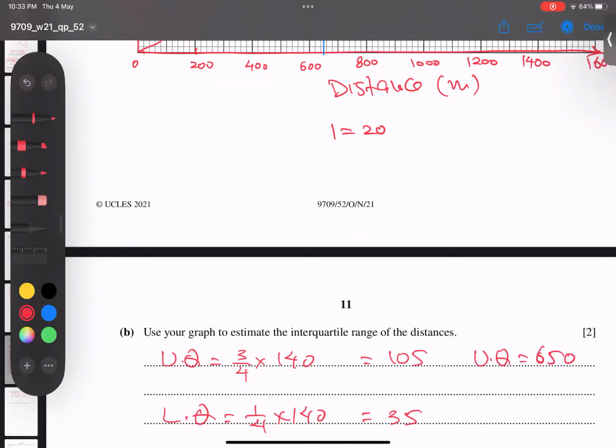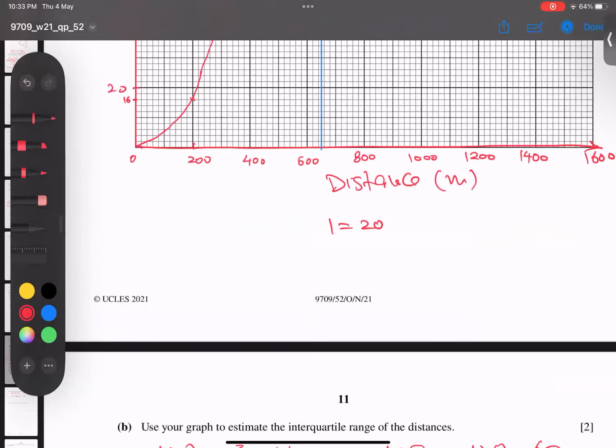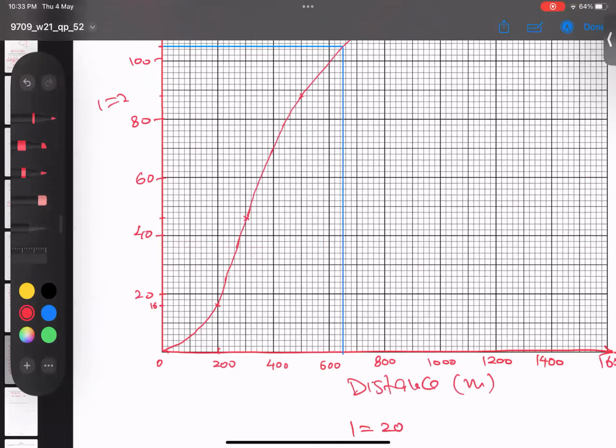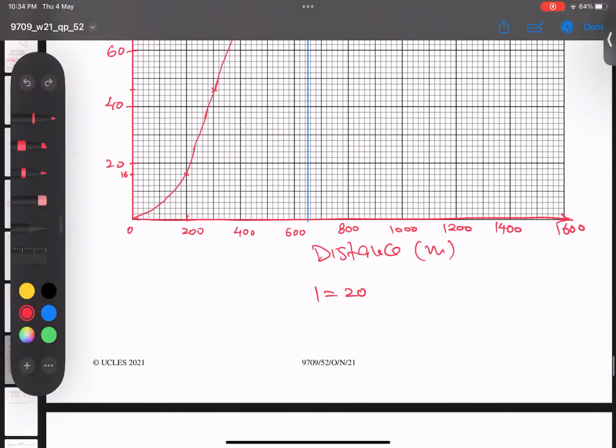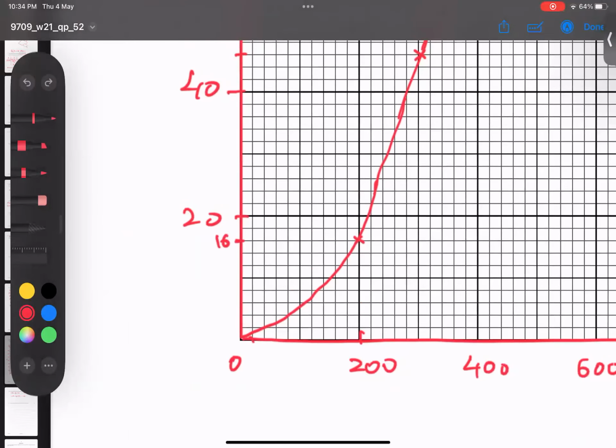Okay. 650 meters distance. All right. Now let's talk about the lower quartile. Well, I got the number 35. So 35 is where? This is 30, so 32, 34, 36, in the middle here.